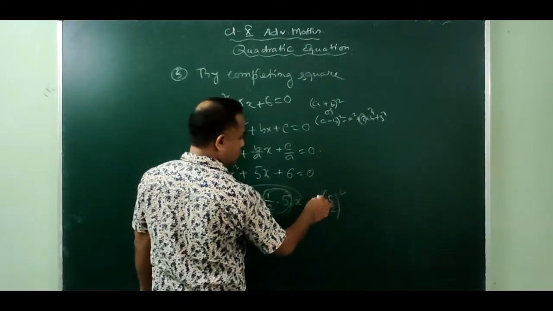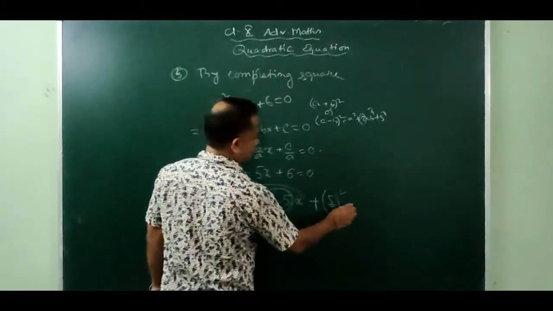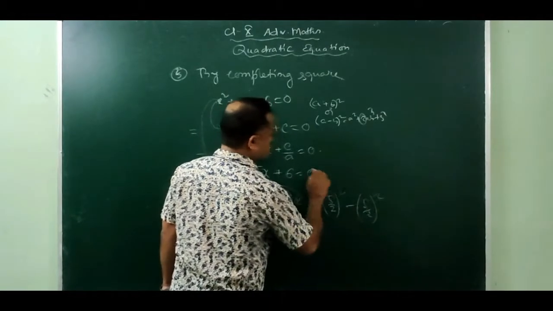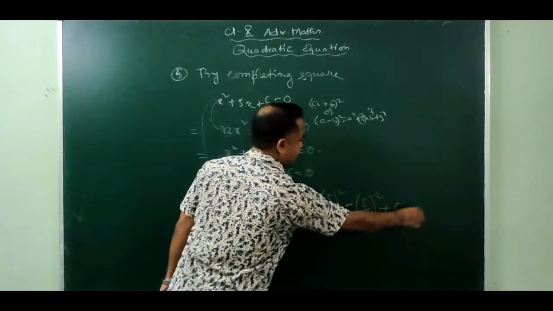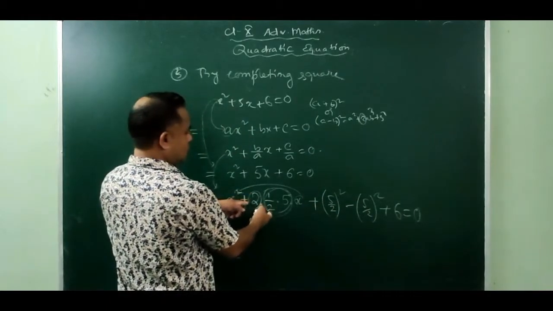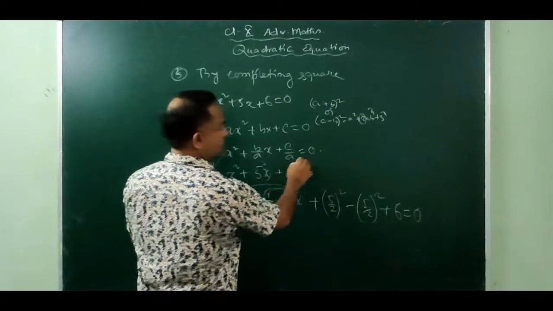I have also brought this one from outside, so I need to cancel this. To cancel this, minus 5 by 2 whole square. So as a result, from our equation 6 is here. If I cancel this 2 and this 2, I get 5x, which is the original, and 6.